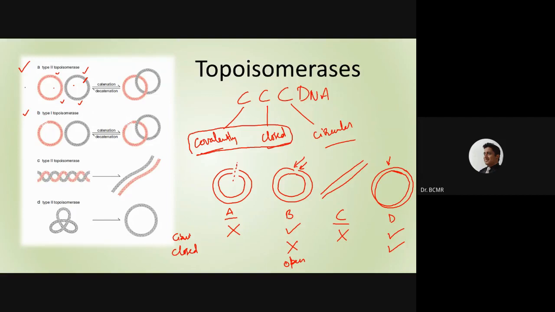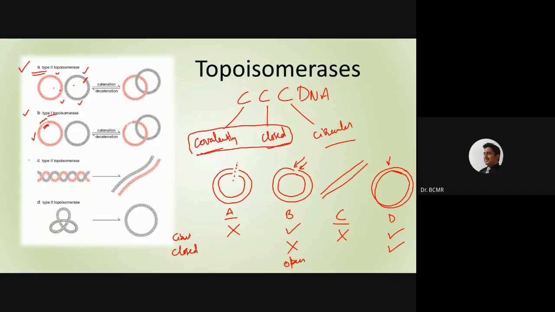Topoisomerase 1 cannot do anything in the case of A, because making a single strand break doesn't catenate. But if you have a molecule like this, in which there is a gap wherein you see a single strand region a little bit, then probably topoisomerase 1 can act. Why is that? Topoisomerase 1 can only make a single strand cut. It cannot make a double strand cut.